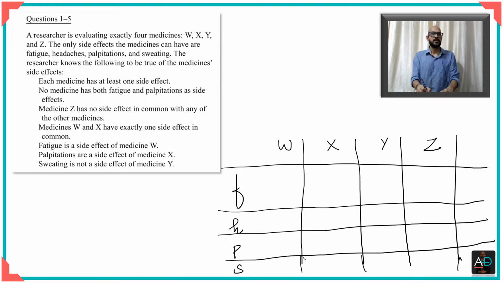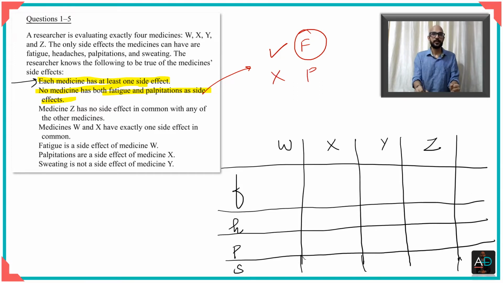Okay, so let's have a look at the rules. Let's start with the first rule. It says each medicine has at least one side effect. All right, there is nothing I'd need to enter because of that, so we're done with this. Then it says no medicine has both fatigue and palpitations as side effects, which means that if a certain medicine has this for fatigue, I can surely say that it would have this for palpitations.